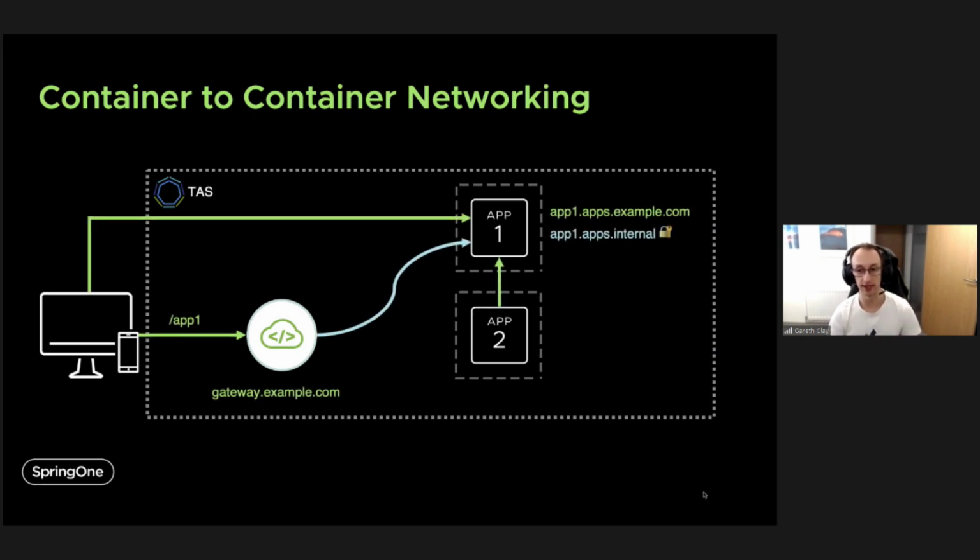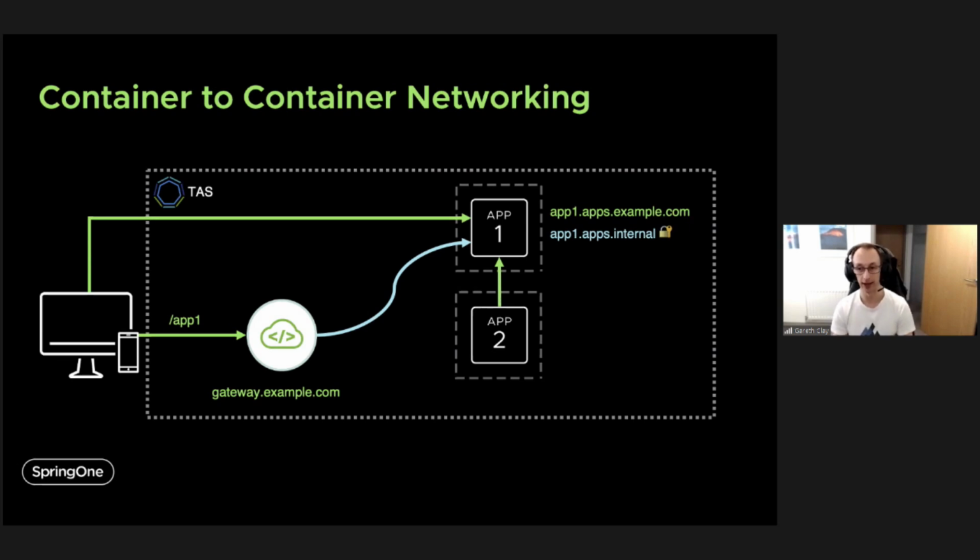So just to visualize that, let's take an example app which has both external and internal URIs and look at the different ways it can be accessed. So here we've got external URIs in green and internal URIs in blue. And so the obvious route to this application from outside the platform is the direct one.